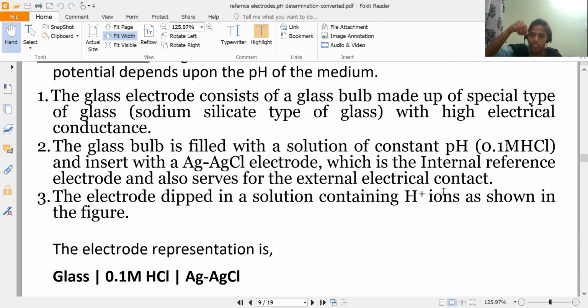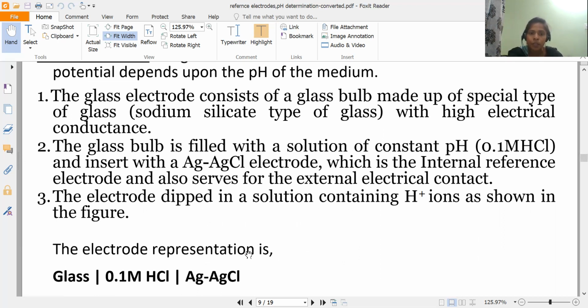So the silver chloride electrode is acting as the internal reference electrode. The external reference is the glass membrane. The membrane also acts as an electrode here. The internal reference electrode is the silver chloride electrode, and this is used for the power supply. And the electrode is dipped in a solution containing H+ ions, as shown in the figure. So the entire membrane is dipped in the solution whose pH we want to determine.